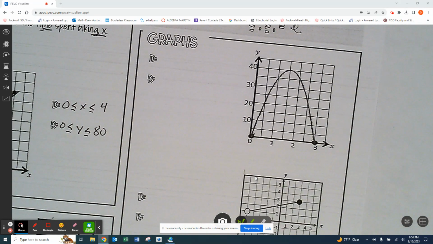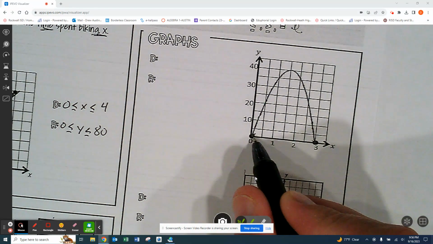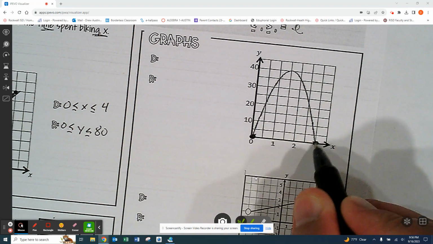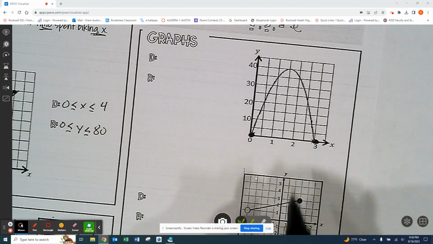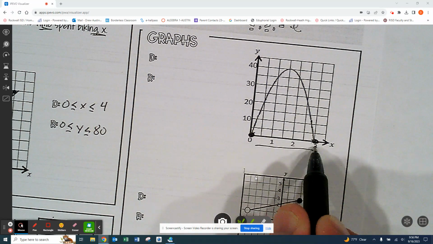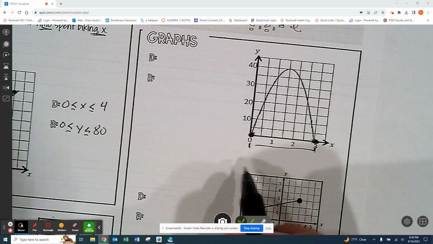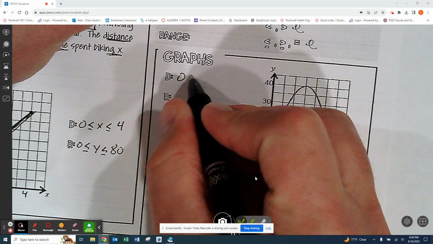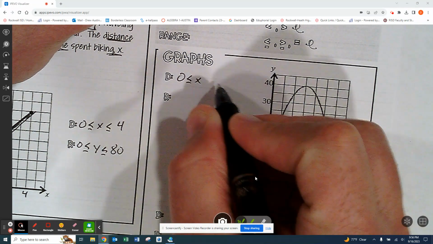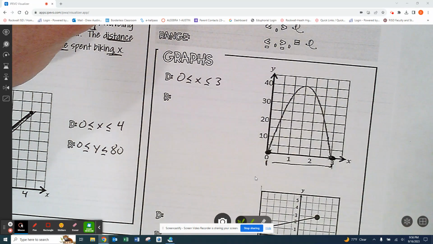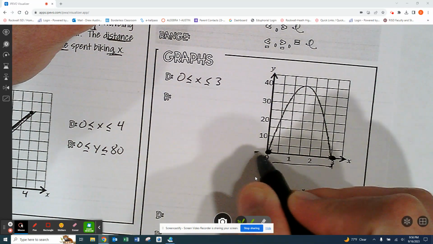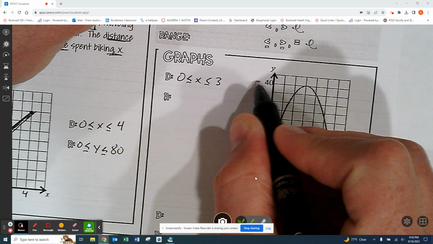Over here at this graph, this is a graph that you've seen before, but we haven't talked about. This is a quadratic right here. It looks like it has stopping points here and here. So my domain stretches this far. So it starts at 0, is less than equal to x, is less than equal to 3. My range starts here and goes all the way up to here.